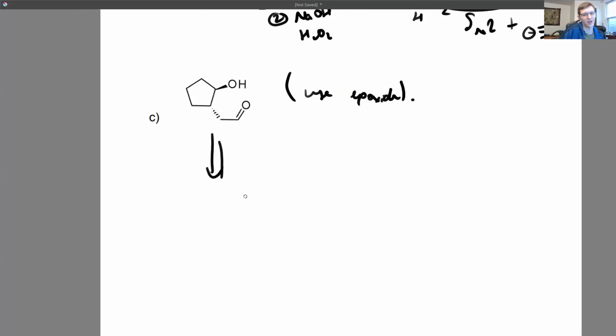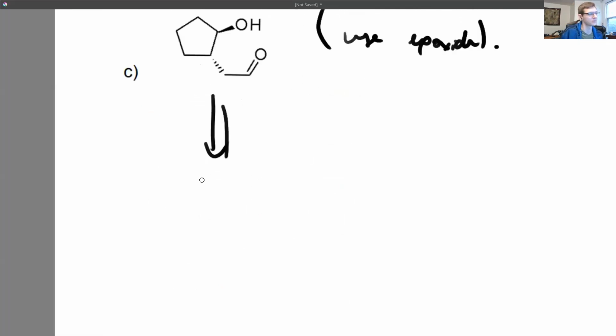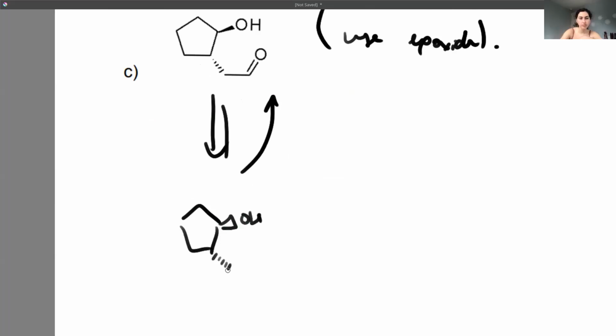So how do we make the aldehyde? Again, only one way. Hydroboration oxidation. Yep. Oh, whoops. Well, we actually have a triple bond here, right?